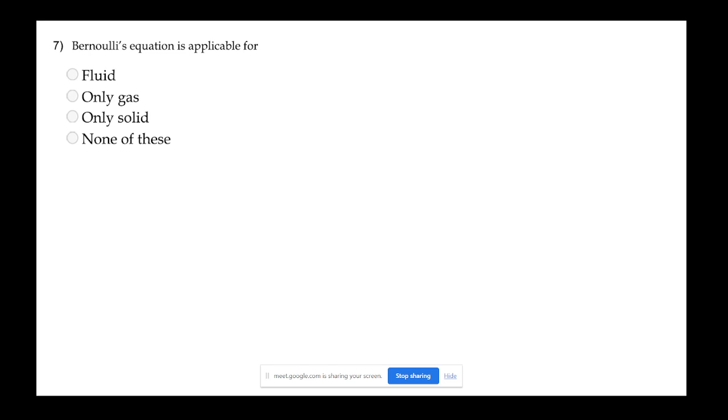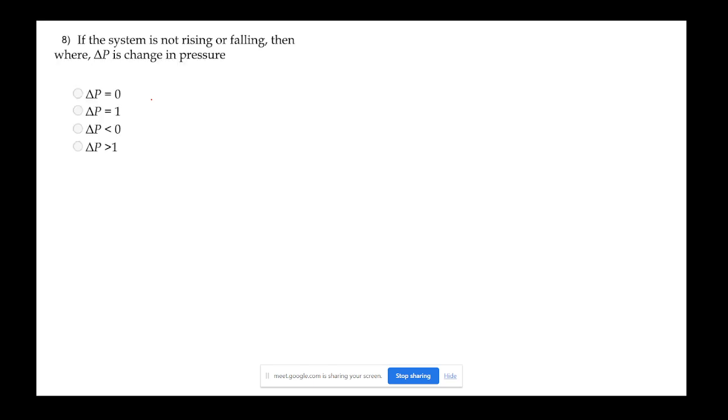Bernoulli's equation is applicable for fluids, as it was discussed earlier. Now, if the system is not rising or falling, then delta P should be what?